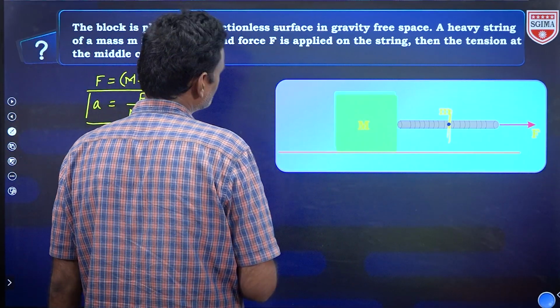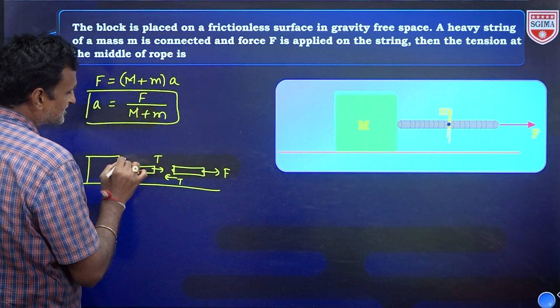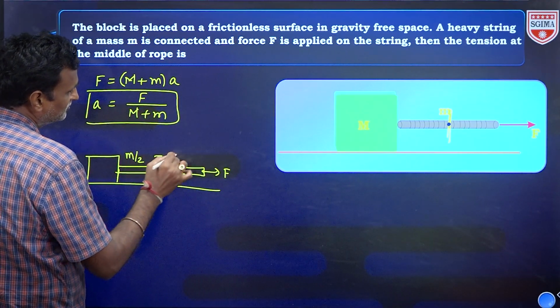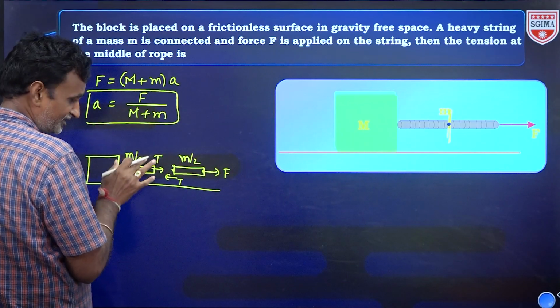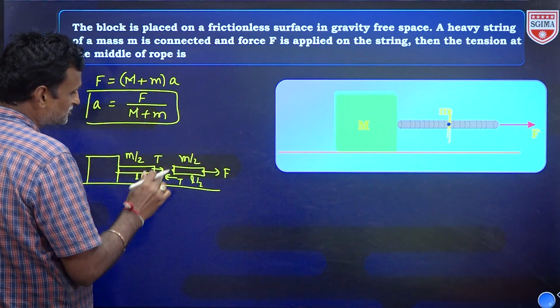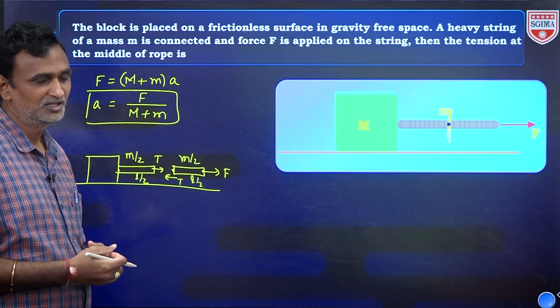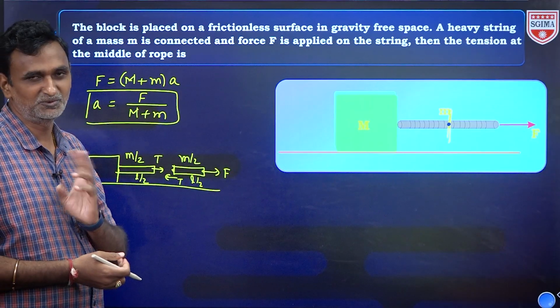A block is placed, but mass is not given, so we can take capital M and small m only. Its mass is m by 2, being the midpoint, so it is L by 2 length, and the other is also L by 2 length. So half length, half mass, it is distributed, because we only discuss uniformly distributed bodies here.